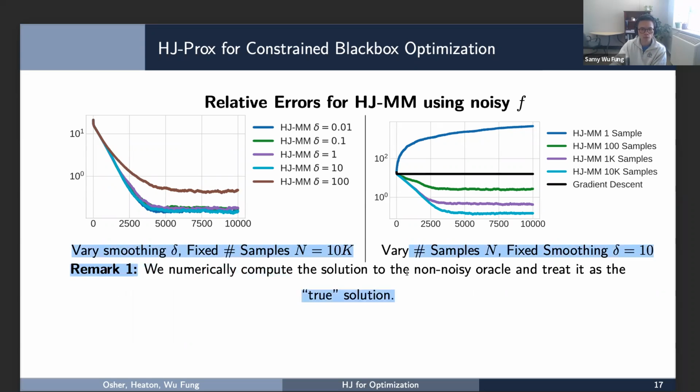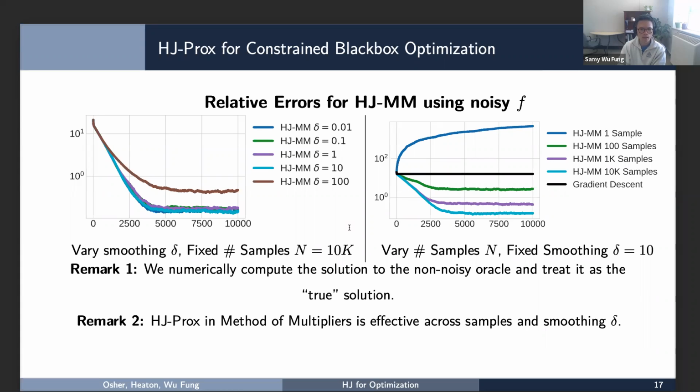So again, we numerically compute the true solution, or the solution to the non-noisy oracle, and treat it as a quote unquote true solution. And what we are observing here is that the different settings give us HJprox embedded into this method of multipliers is indeed fairly effective.